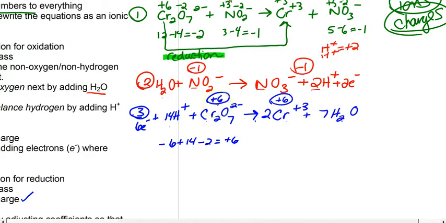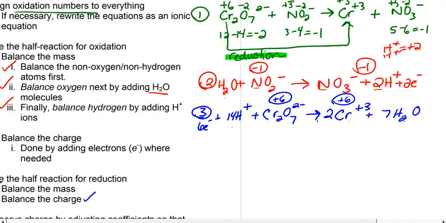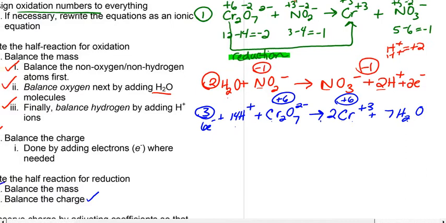So now I have a plus 6 charge on both sides of that half reaction. Now I have both half reactions balanced: my oxygen is balanced, my hydrogen is balanced, and so is my charge.